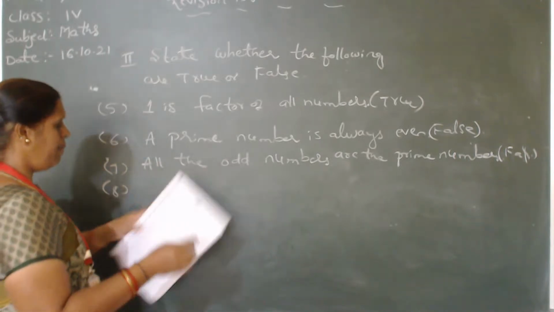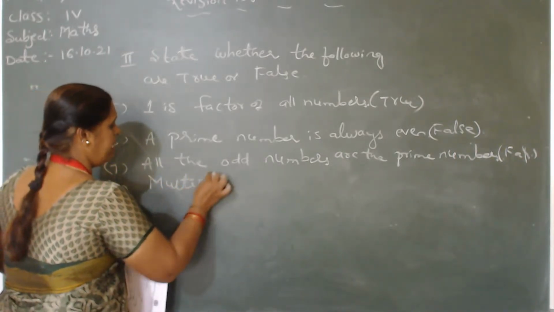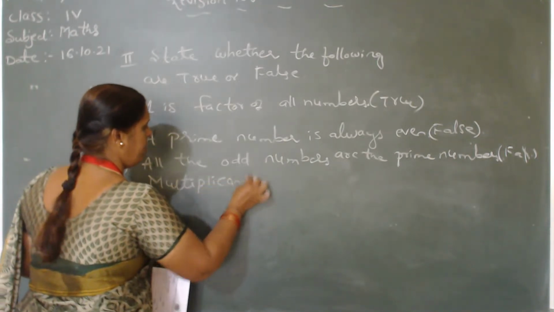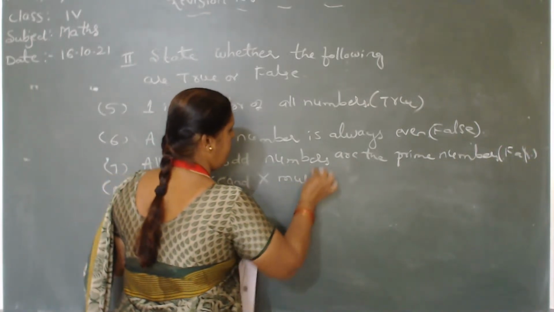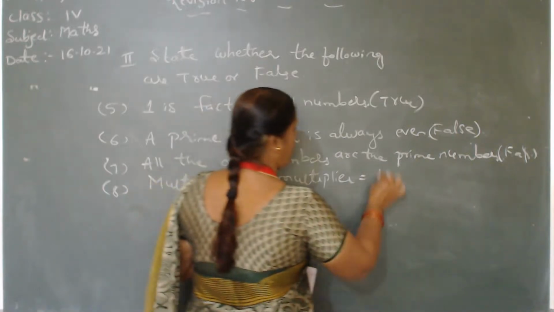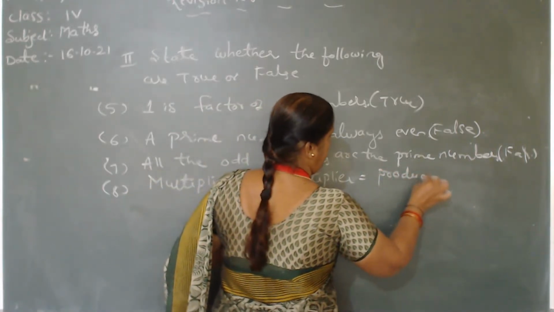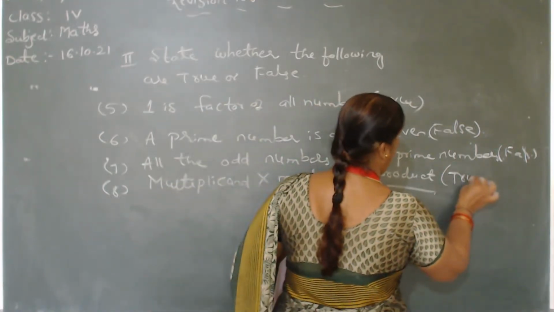Multiplier and product. Multiplicand into multiplier is equal to product. It is true.